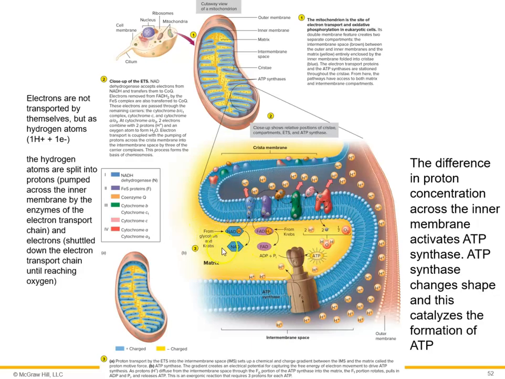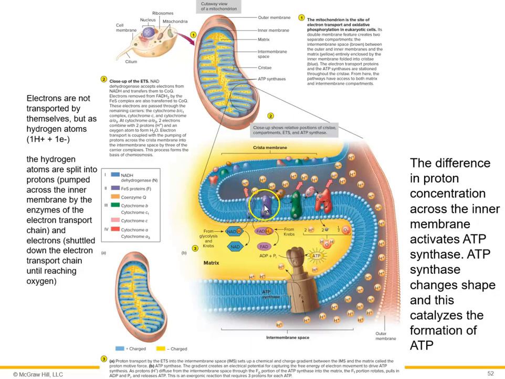Now, when these molecules get to this point of meeting the enzymes, what essentially happens is that hydrogen atom gets split into a proton, which gets pumped across the inner membrane into this space here, and an electron, which gets placed on the electron carriers of the chain.